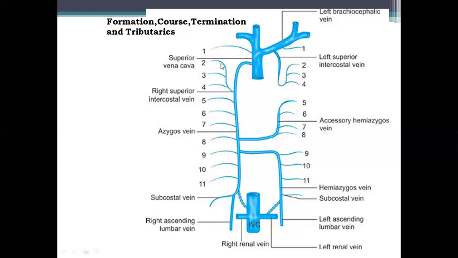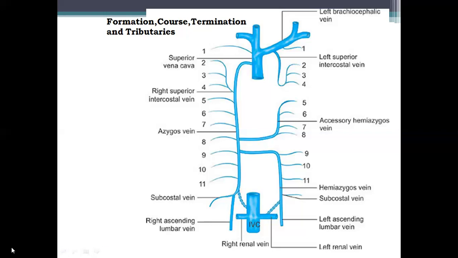It is formed by the 2nd, 3rd, and 4th right posterior intercostal veins. What are the other tributaries then? The major tributaries would be the hemiazygos vein and accessory hemiazygos vein. We'll also have the right subcostal vein, right ascending lumbar vein, and then the right bronchial vein from the right lung, mediastinal veins, pericardial veins, and esophageal veins.